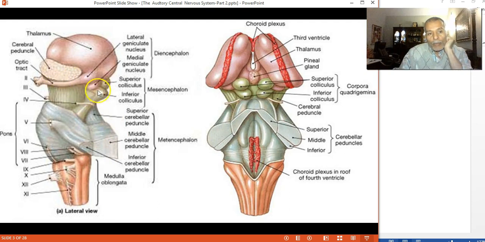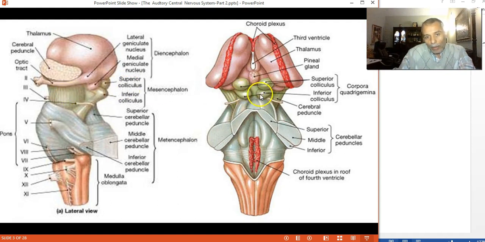So looking at the midbrain, that greenish area here, you find this little component that's called the inferior colliculus. On top of it, there are two structures, the superior colliculus. The superior colliculus is part of the midbrain. You can look on the right here.